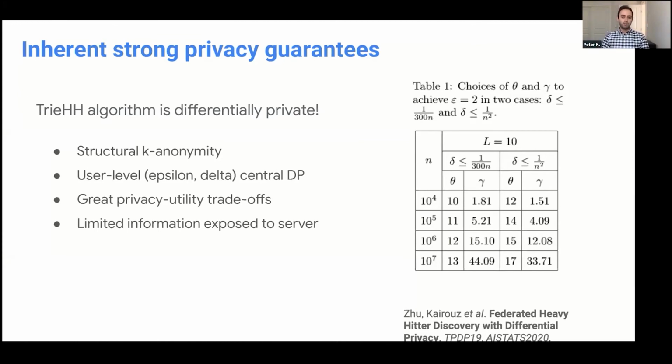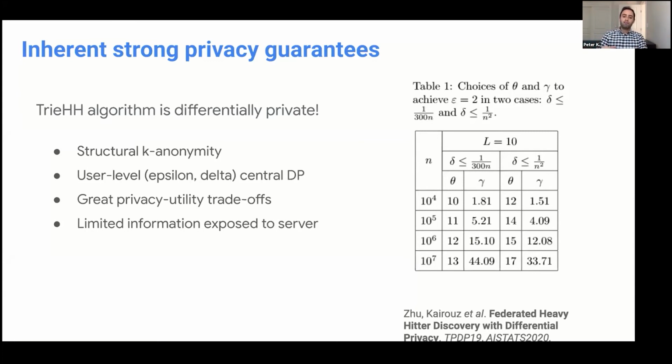That's even better for delta. And what you're seeing as a table on the right-hand side is essentially how we can tweak the knobs of the algorithm in order to achieve an epsilon of 2 and a delta that scales as either 1 by n or 1 by n squared. These are very strong parameters for differential privacy.